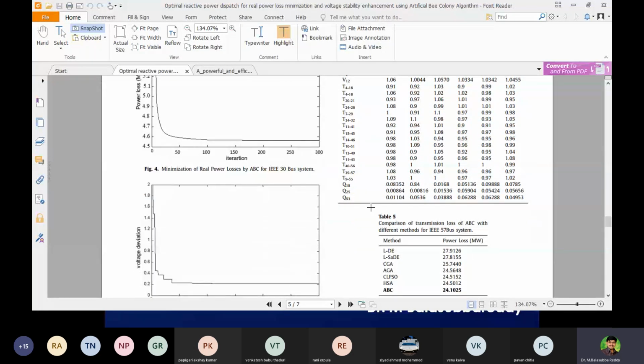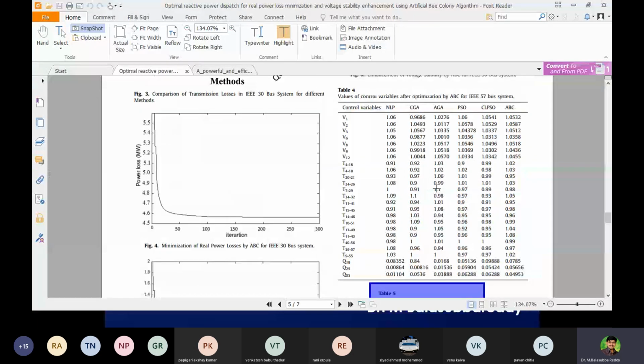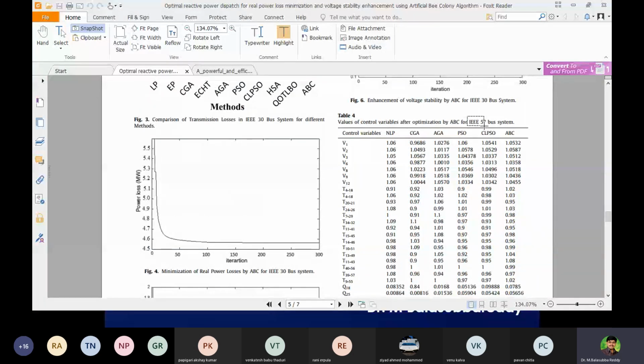You can see that consolidated result here, cost minimization. Now you can see the system is bigger, the IEEE 57-bus system, and a lot of transmission lines are there. That is the reason you will get more loss.